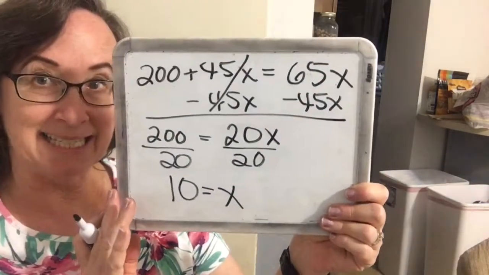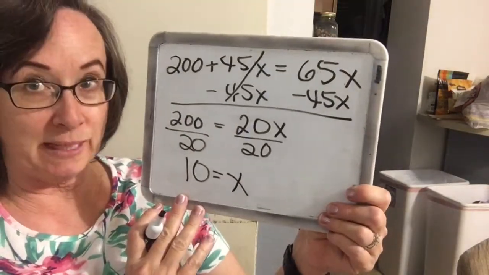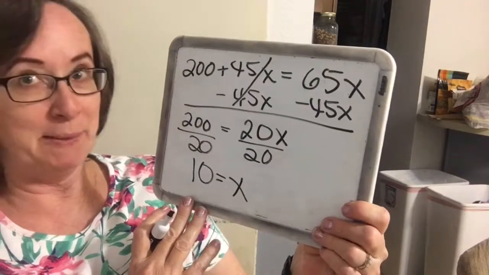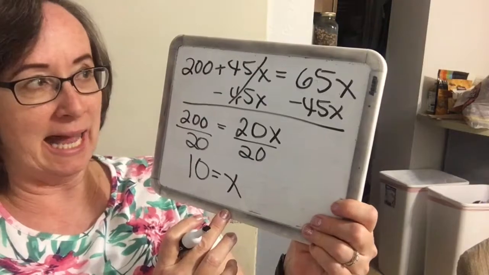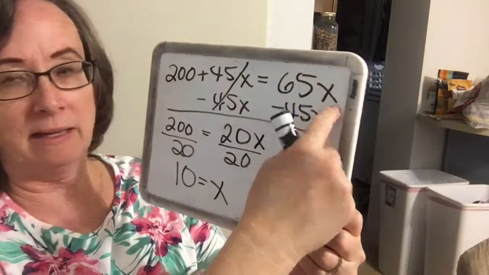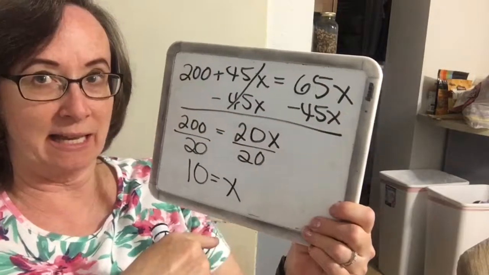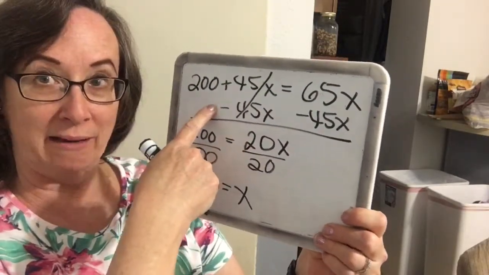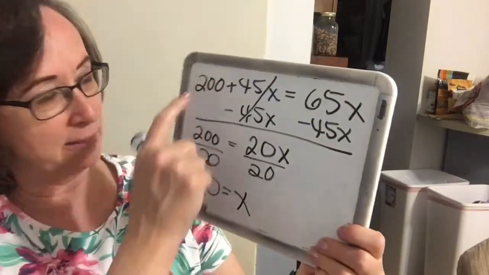So when x is 10, when you're going to move for 10 hours, your price will be the exact same. Up until that 10, you're going to pay less with the $65 an hour movers, but after the 10, you'll pay less with the ones that require a down fee, a down payment.